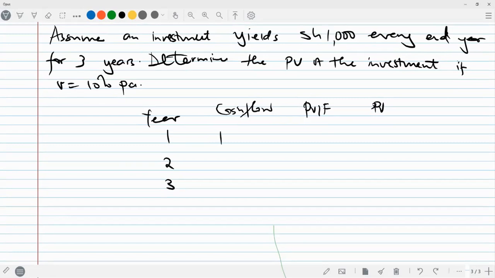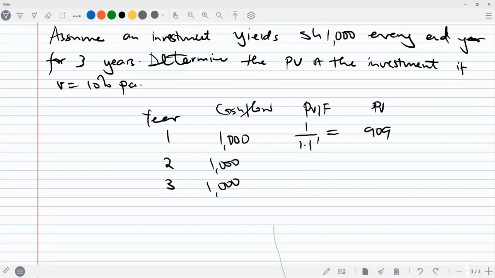The cash flow every year is 1,000, 1,000, and 1,000. We discount back to year 0. The factor here is 1 divided by 1.1. Don't forget, you want to discount from year 1 to year 0, that is today, to the power of 1, and you get 909.